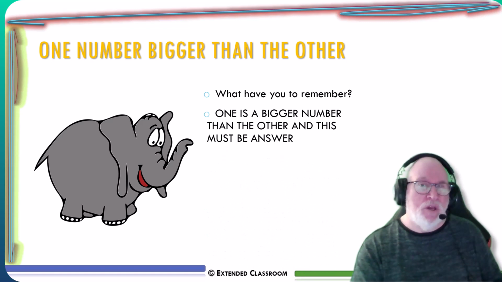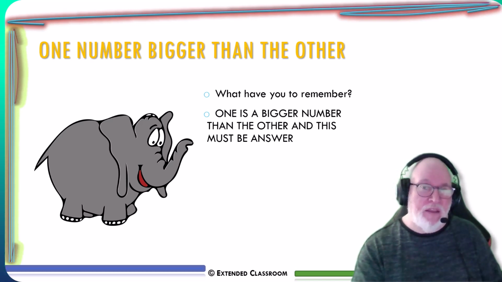So the first thing is one bigger number than the other. And this must also be the case in anything that you do. So if you're going from one currency to another and then back again, it does not matter. One is going to be worth more than the other in terms of the size of number. So it's the conversion.